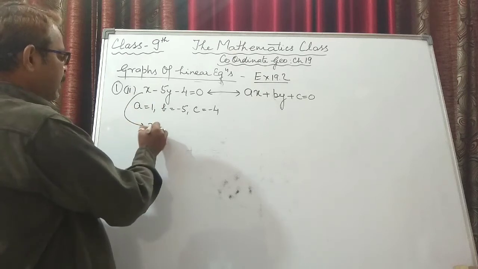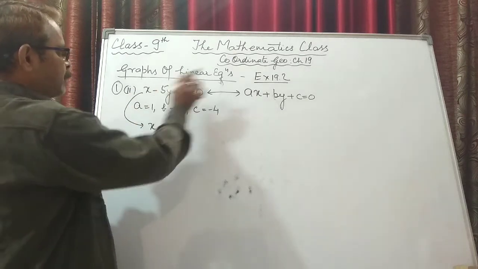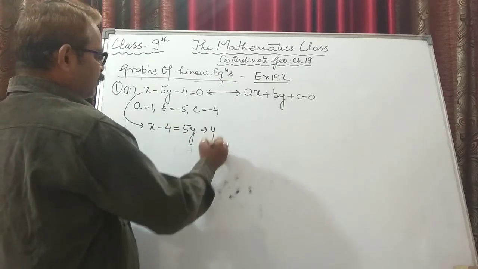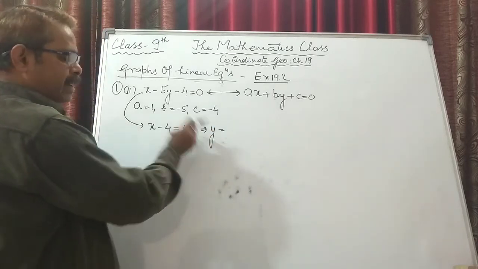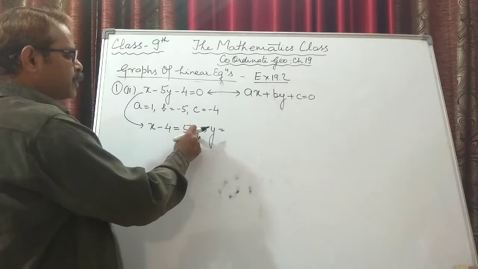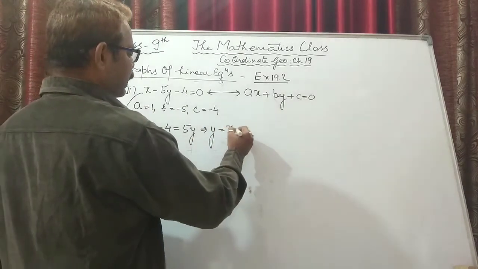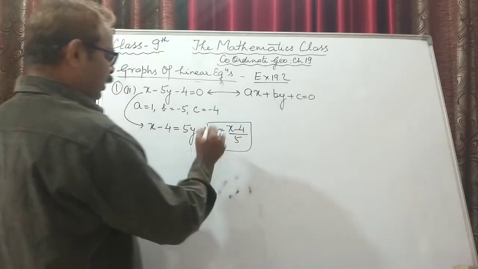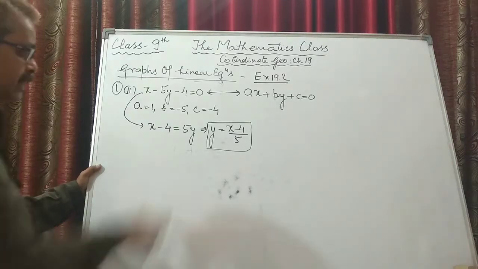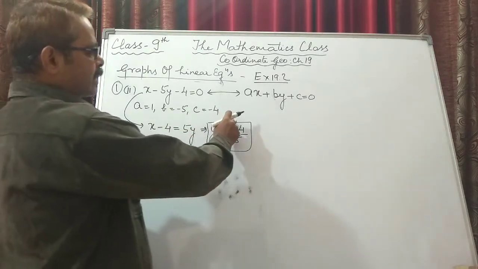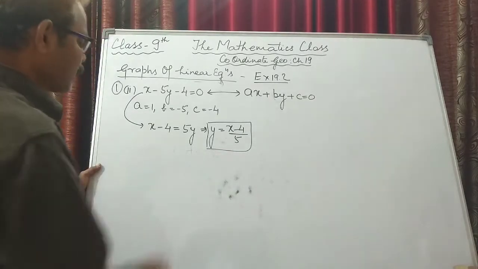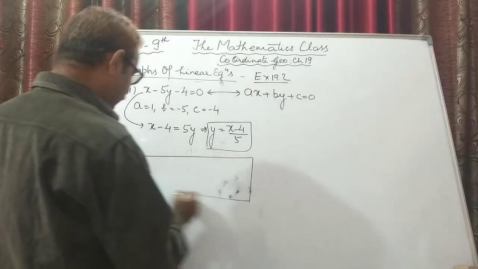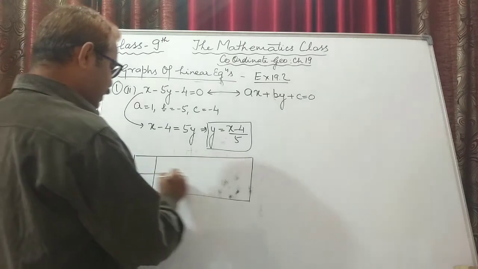So I am writing x minus 4 is equal to 5y, which implies that y is equal to x minus 4 upon 5. This is the value we got of y in terms of x, or you can say y is the subject and x is the independent variable. Now with the help of this, we will make a table in terms of x and y.